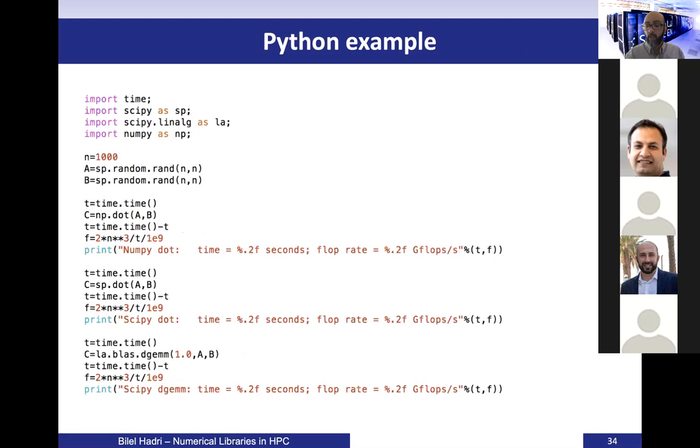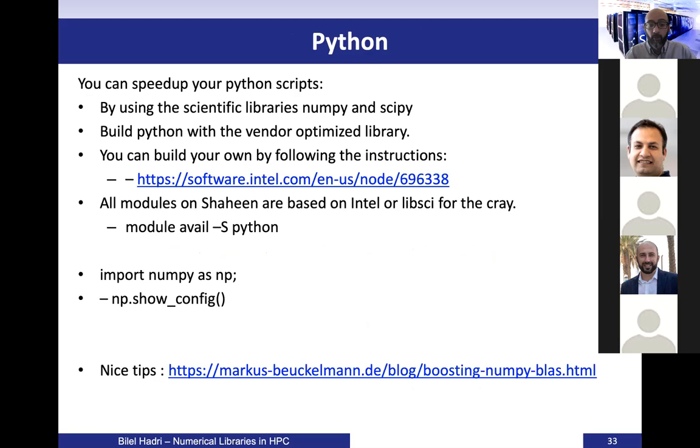You can find it in the NumPy documentation. I gave you some tips here, but basically for Python you just need to call the NumPy libraries, and underneath it's transparent to you. It is going to call all these BLAS and LAPACK functions for you.